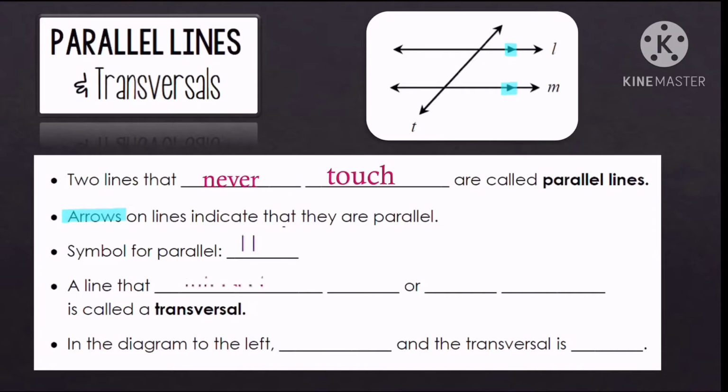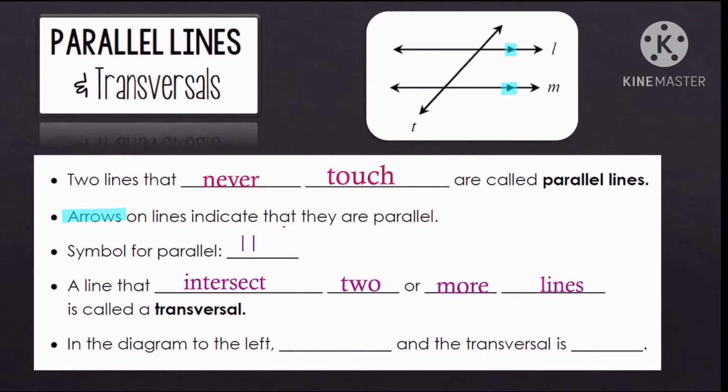A line that intersects, meaning touches at one point, two or more lines. So any line that intersects two or more lines is called a transversal. So if you look at this diagram, on your paper it's to your left and on mine it's above right here.